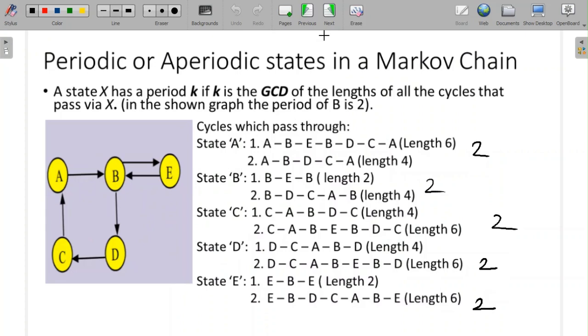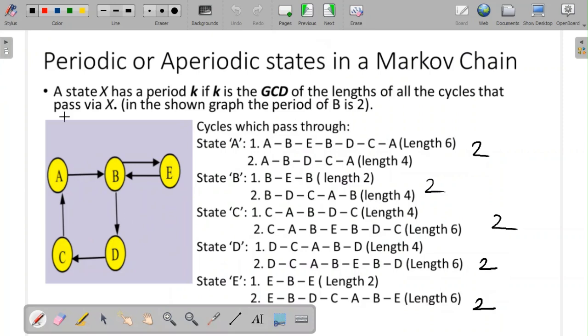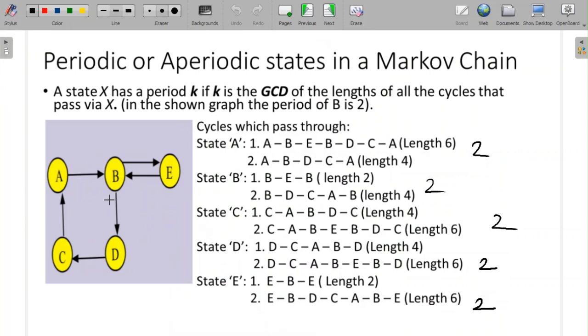The next classification, the last of them, is about a state being called a periodic state. A period depends on the shortest possible time in which I can reach the state back after starting from the particular state. We define this using the notion of a cycle. A cycle is a graph theory concept where I start from a state and I come back to the same state.